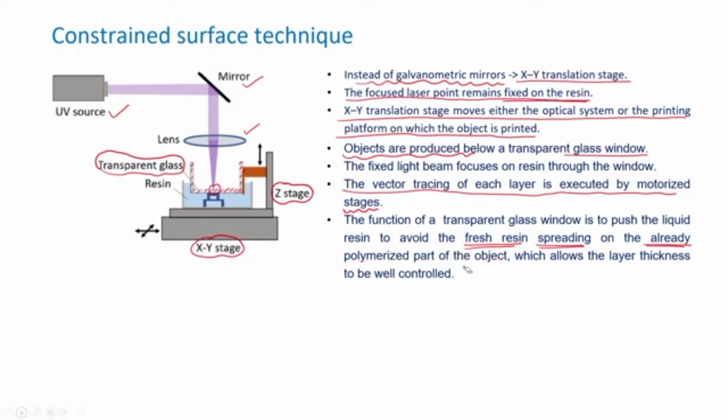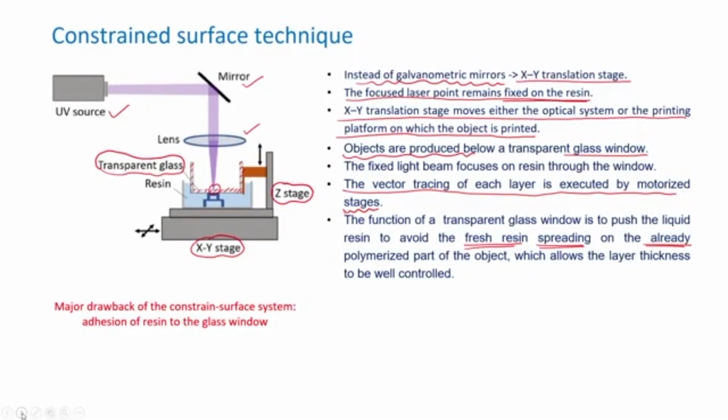As I mentioned, once we cure one layer, we try to avoid immediate spreading of the liquid over the resin which is getting polymerized. During polymerization, if fresh liquid resin comes into contact, it may spoil the surface. To avoid this, we use a transparent glass with the window.